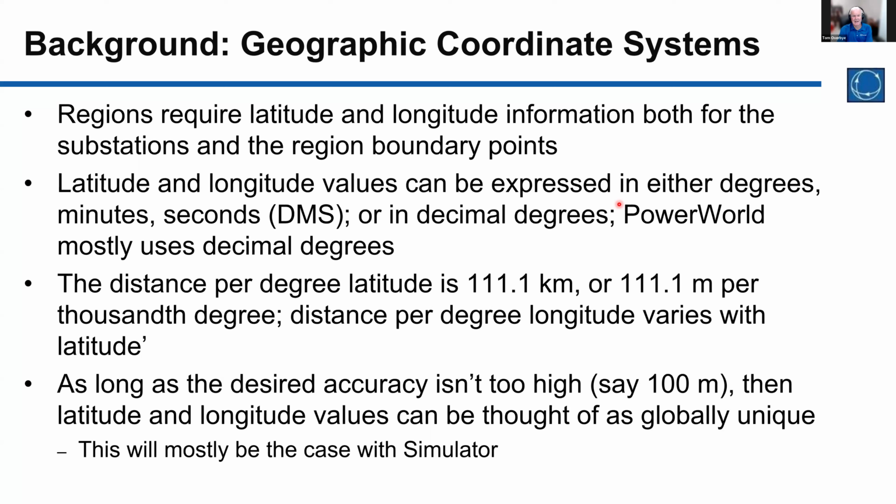The distance per degree longitude varies with the latitude. The point I want to make here is as long as the desired accuracy isn't too high, then the latitude and longitude values can be thought of as globally unique. And this will mostly be the case in PowerWorld Simulator. But one thing that we ran into with developing regions is the issue that latitude and longitude, as you get more accuracy, actually are not unique.